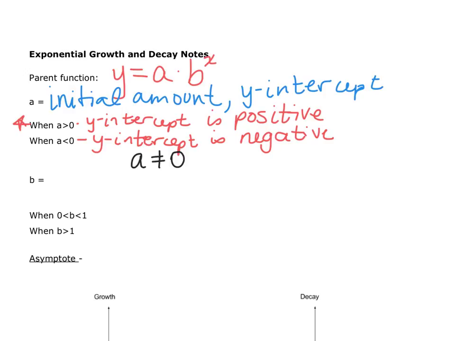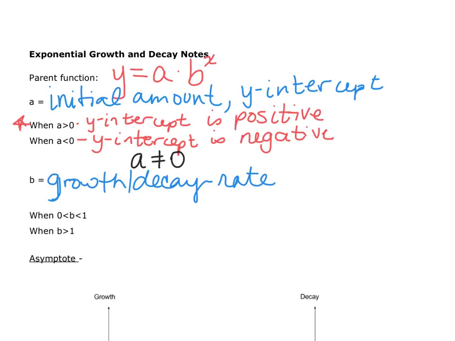All right, so the b value tells us about the growth or decay rate. So it tells us how fast something is growing or decaying. Usually we'll hear things in a word problem like half as big, twice as big, 22%, things like that.